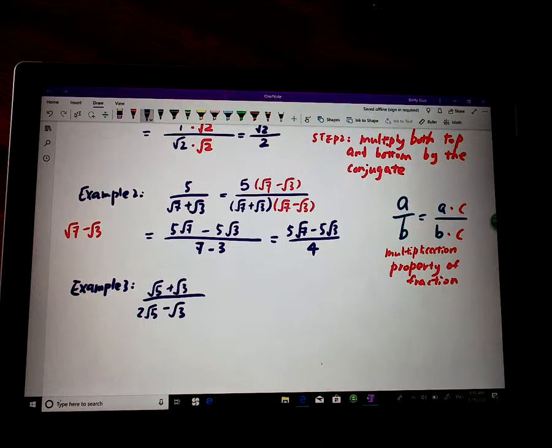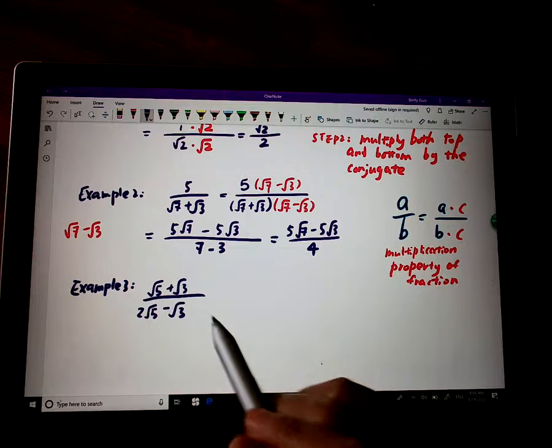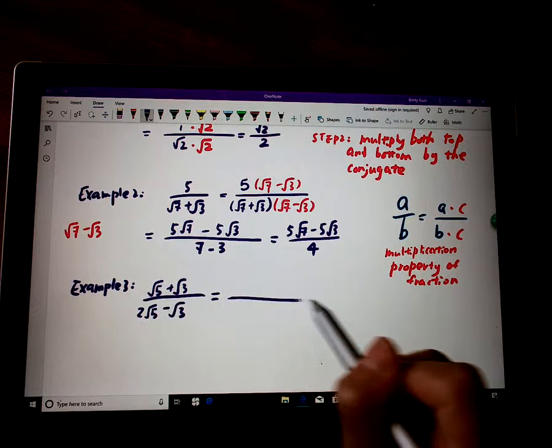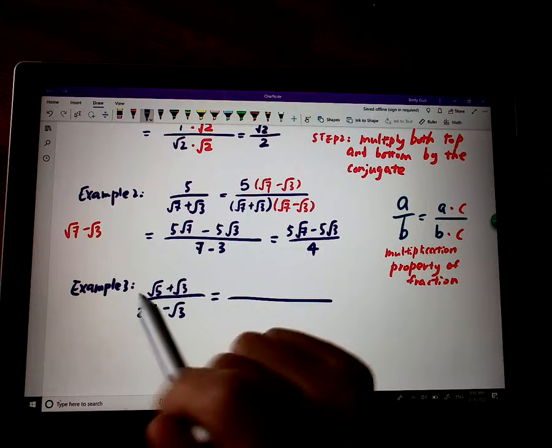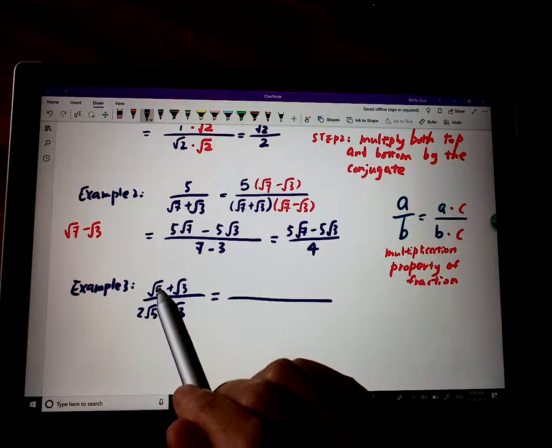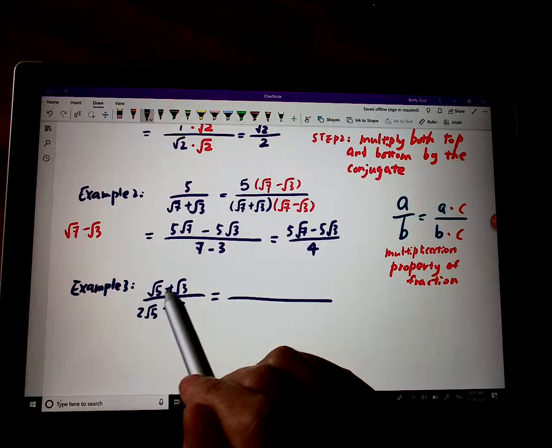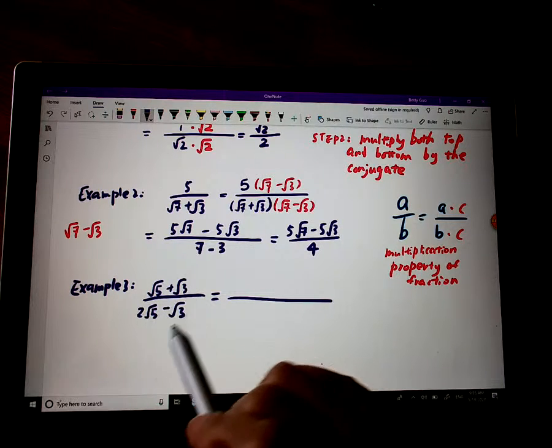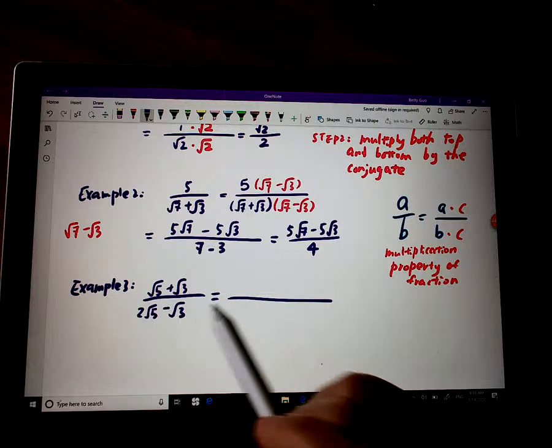Yeah, this one is quite complicated, but the two-step procedure would still apply. Let's see, how do we apply that? This is a division of two radical expressions. Numerator is root 5 plus root 3. Denominator is 2 root 5 minus root 3.